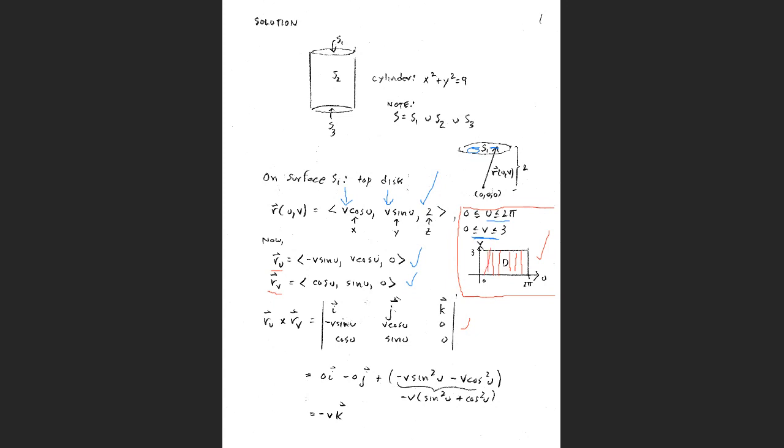We're going to need this rectangle later on for our double integral, because we need a domain for our integration. Okay, so then I do the cross product here, and I end up getting negative v times the vector k. Let me know if you have any questions to this point.